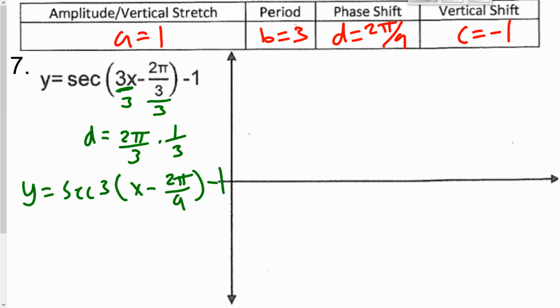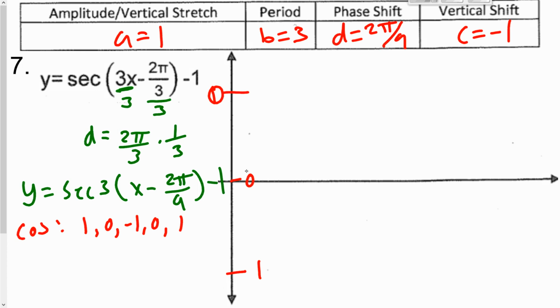Okay, so we'll go ahead and take cosine, because that goes with secant. So that goes 1, 0, -1, 0, back to 1. Now we're going to multiply it by our a, which is 1, so that doesn't do anything. So we got 1, 0, -1, 0, 1. And then we're going to add our c, which is a -1. So this just becomes 0.